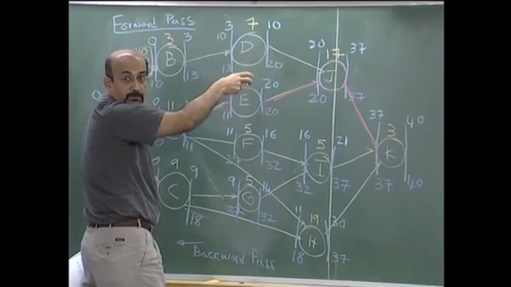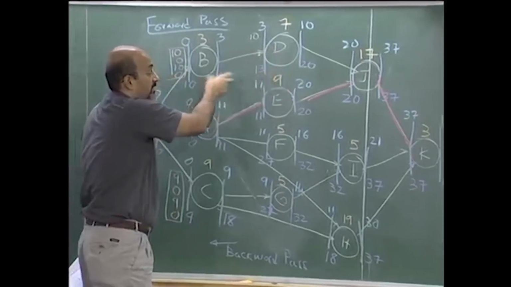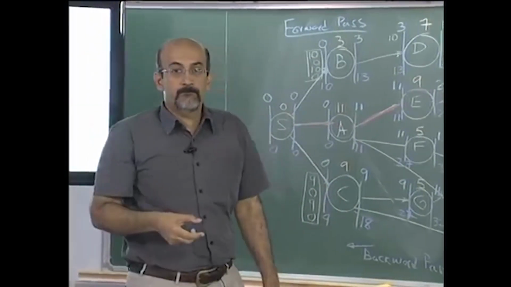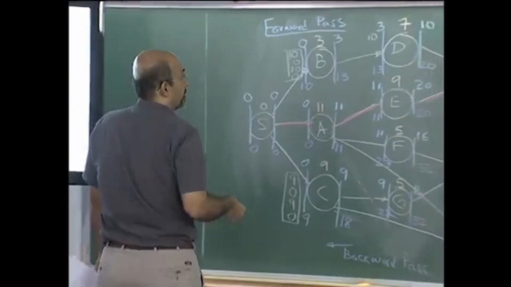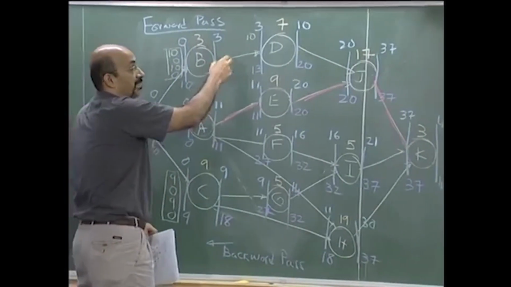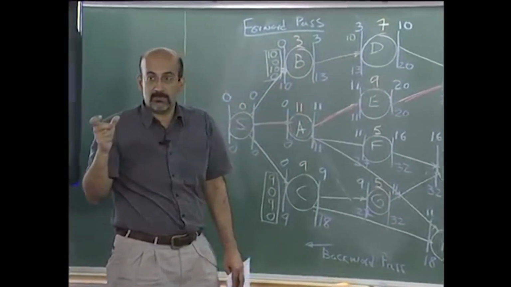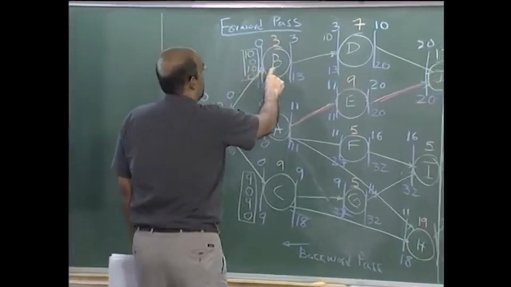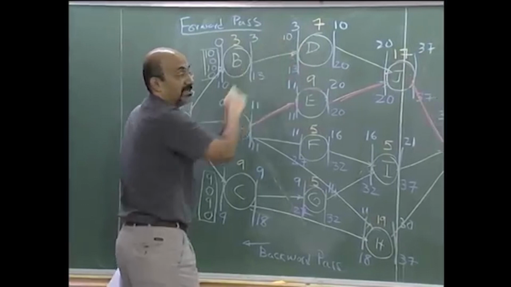D has free float, so how come B doesn't have free float? Free float belongs only to the activity. Remember when we talked about total float, B has 10 days, D also has 10 days.